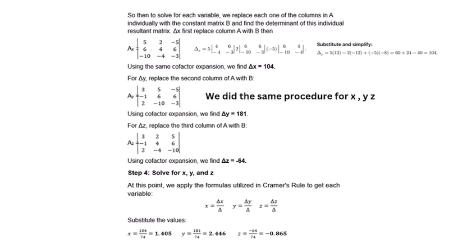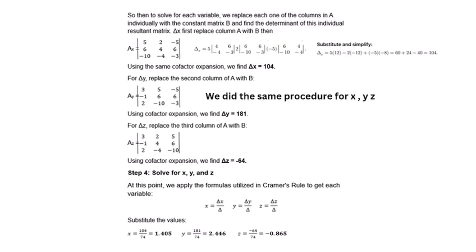We replace each one of the columns in A individually with the constant matrix B, and we find the determinant of each resulting matrix.